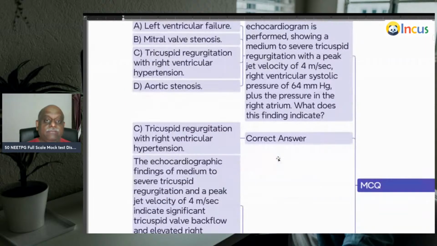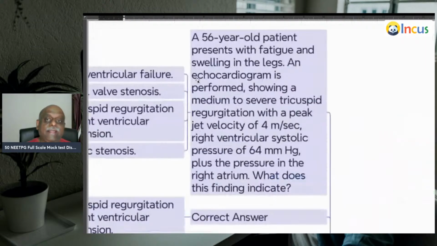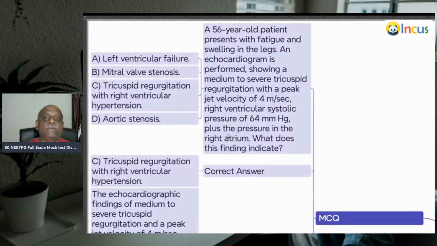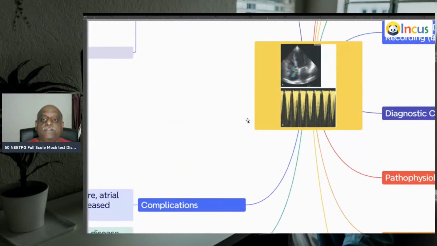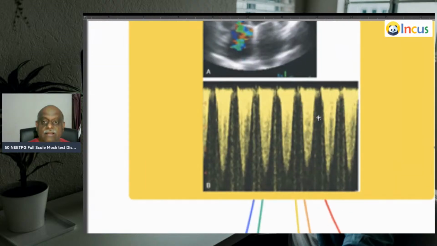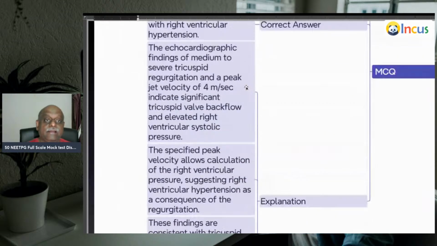Now, doctor, a 56-year-old man presents with fatigue, swelling in the legs, and an echo was done. There is a severe tricuspid regurgitation with a jet velocity. So, this is a severe tricuspid regurgitation, right, doctor?